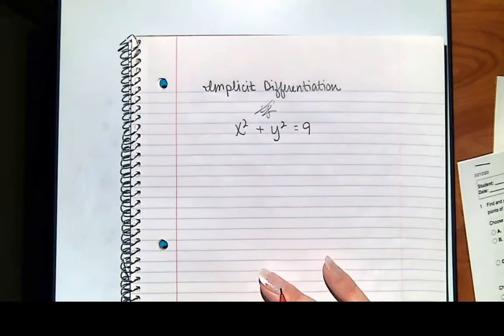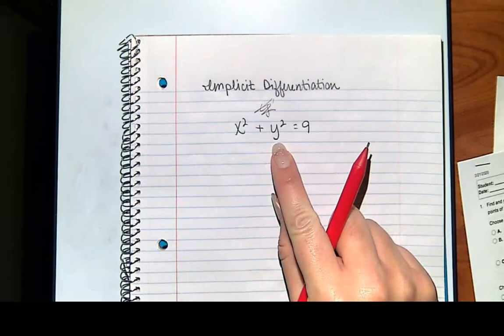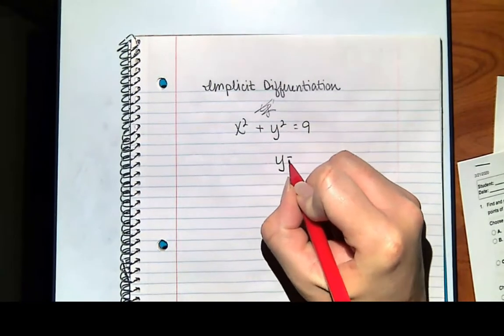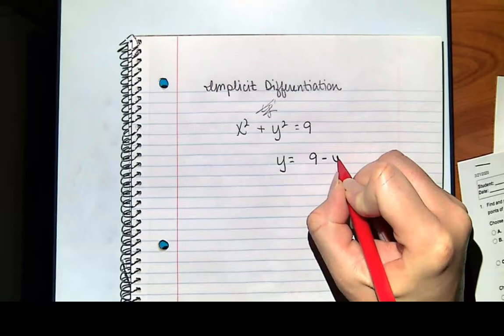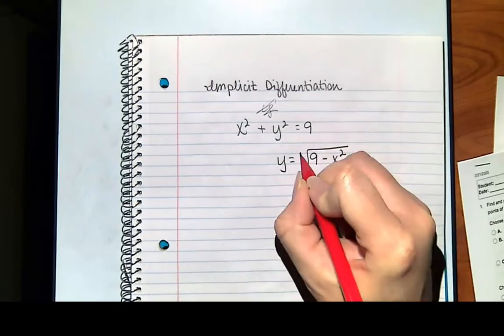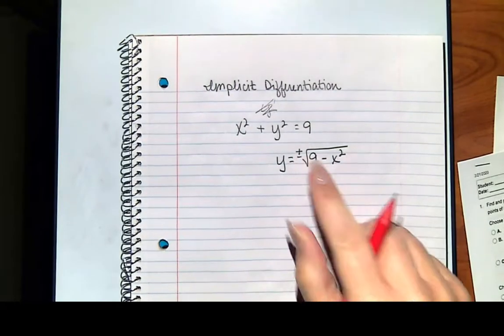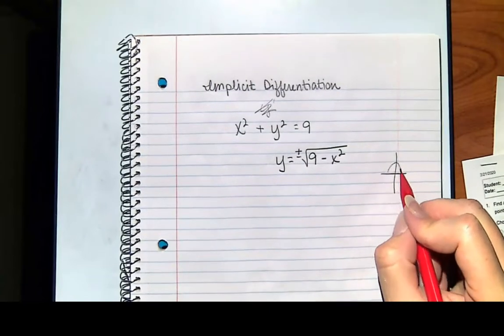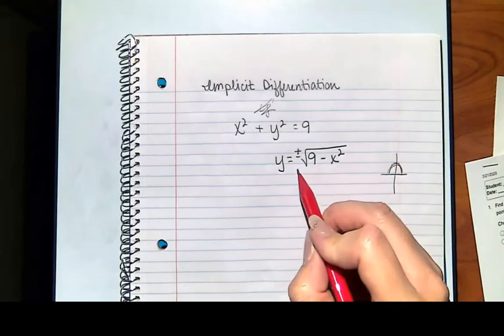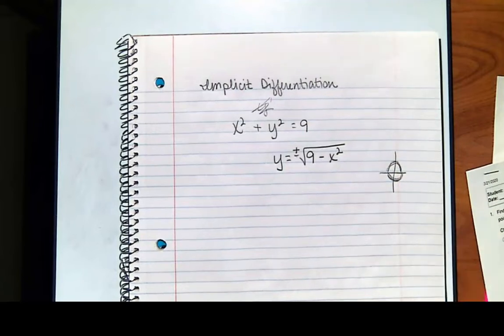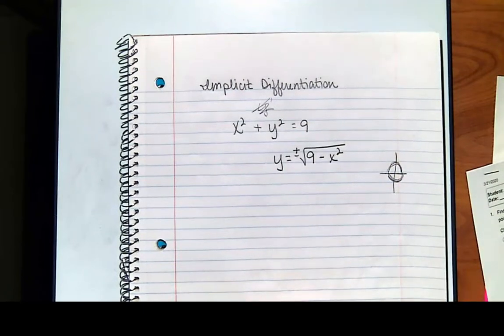For me to differentiate this, I would have to get it in function form first. So I would have to solve for y. That would give me y equals the square root of 9 minus x squared. Okay, so this is in function form. The positive part of the root is the top part of the circle. The negative part of the root is the bottom part of the circle. Put together, it makes a circle.